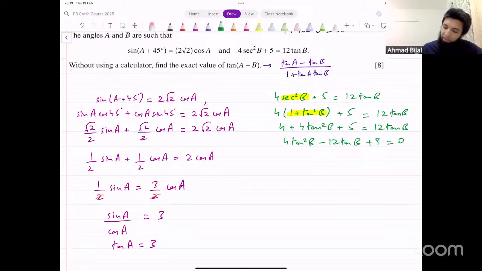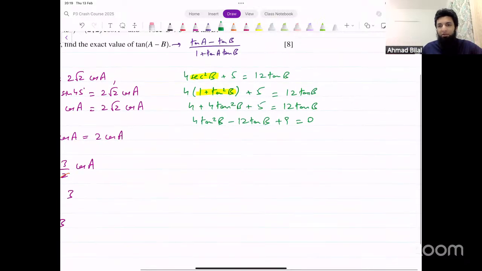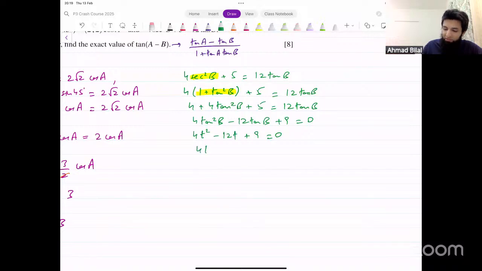Right? Now we need to solve this quadratic equation. We can use a substitution for this if we want. You can say, for instance, let t be tan B. So this becomes 4t squared minus 12t plus 9 equals 0. Can we factorize this? We need two numbers that multiply to 36 and add to 12, so we can use 6 and 6. 4t squared minus 6t minus 6t plus 9 equals 0.